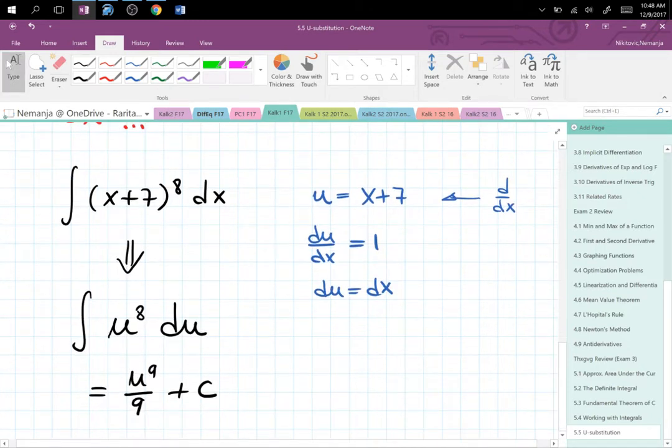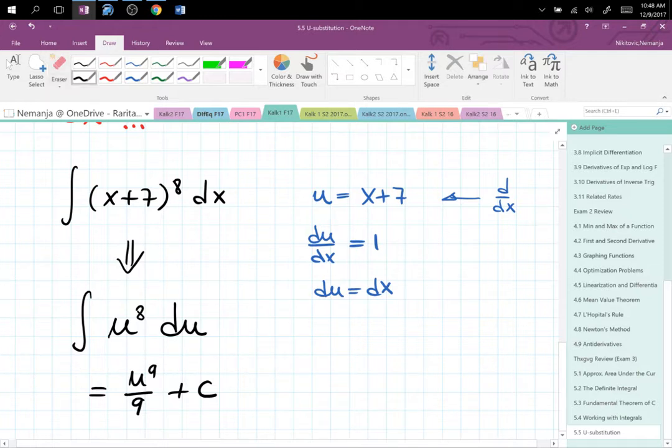So what I have done is I took something that I don't know how to deal with, said in my head, if I can just make that a single thing, then I can deal with it, differentiated that expression to come up with a relationship between dx and du, because dx has to change into u as well. All of the variables have to change. And came up with the integral that is easy to solve.